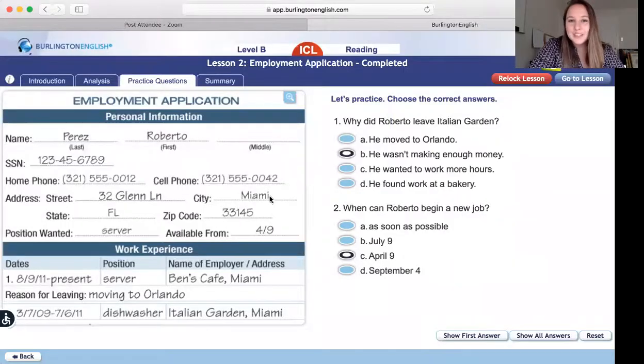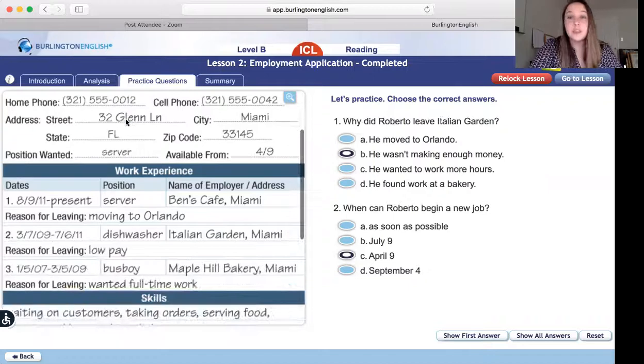So as you're taking the test, as you're looking for this information, we're doing the same thing. If we look at these questions, we are looking for very specific information, and you don't need to read all of it.